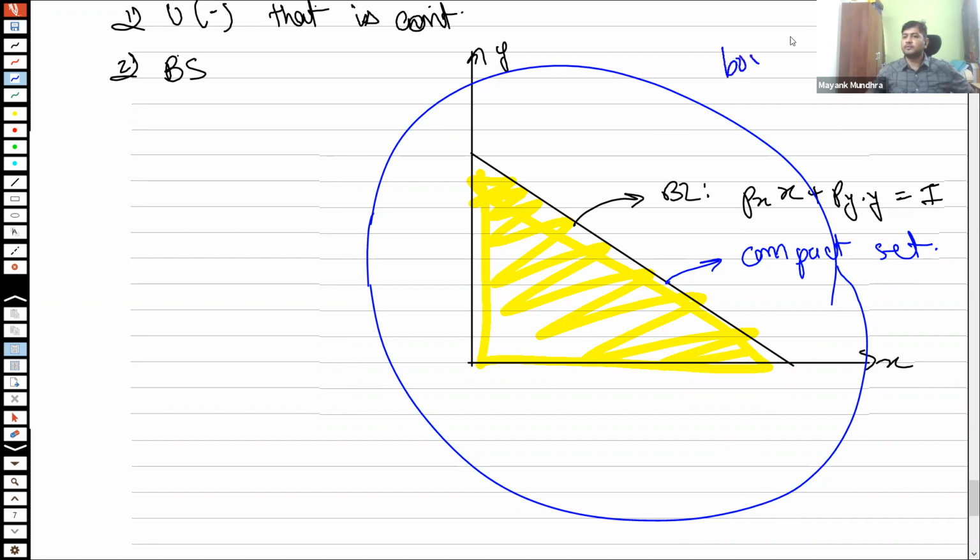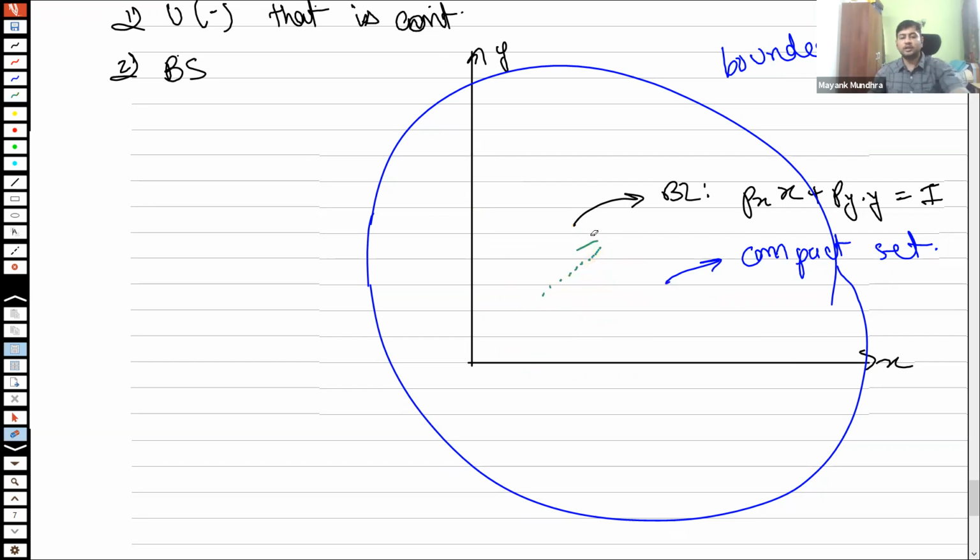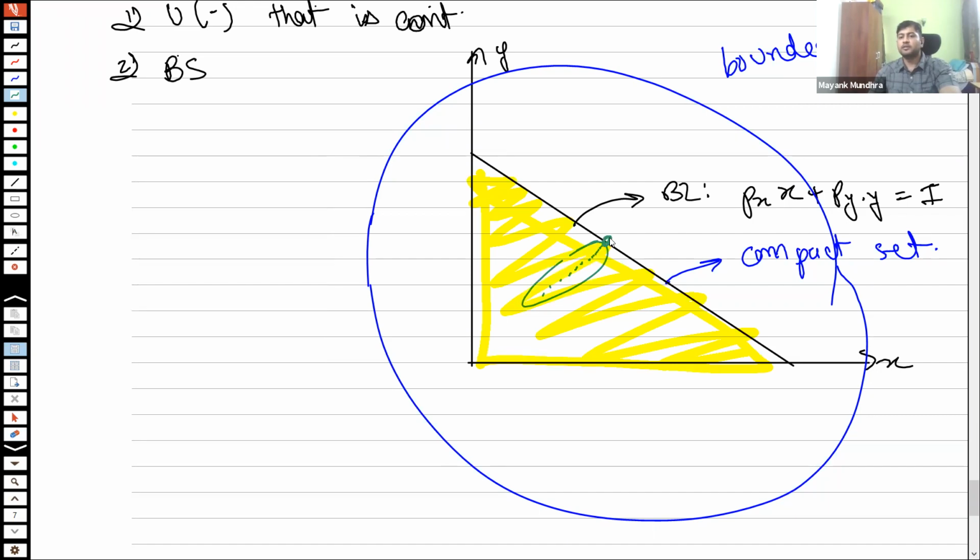So it is definitely bounded. And it is closed. The definition for closed is that any sequence in the set ends at a point in the set. So you take any sequence of points here, and as long as it lies inside the set, its limit point also lies in the set.